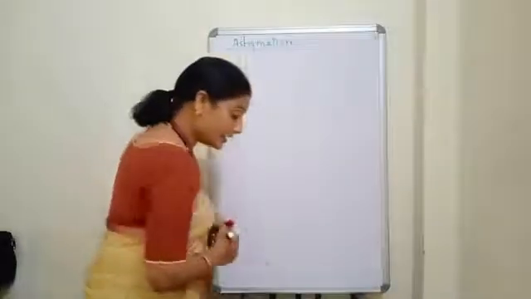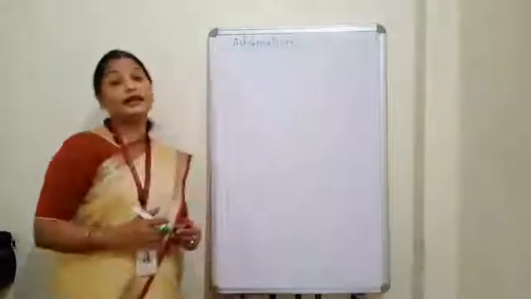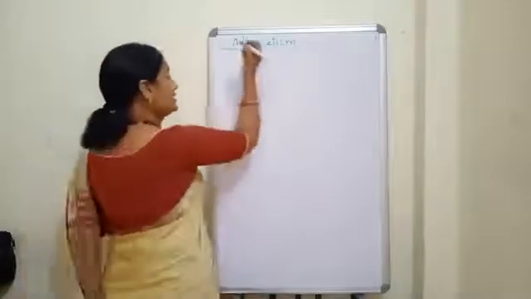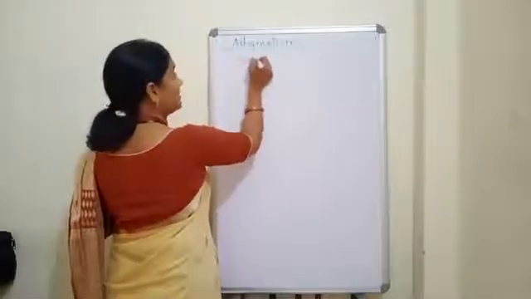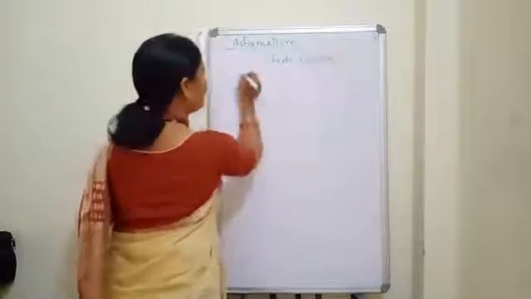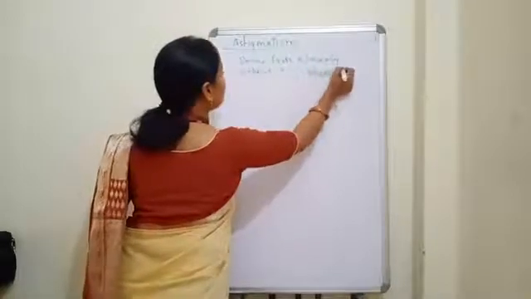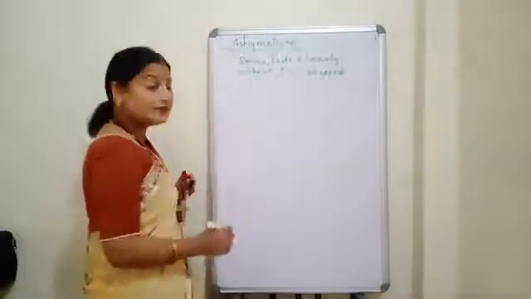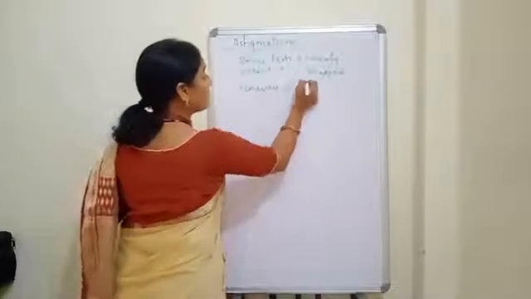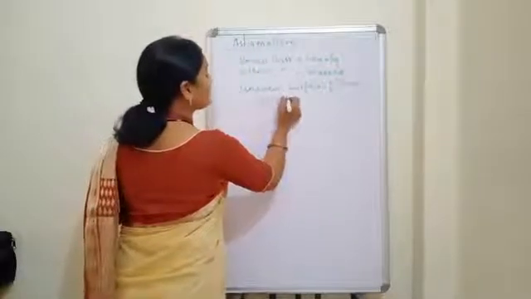Astigmatism. Now children, in astigmatism, some part of the object is seen clearly and other parts are seen blurred. Okay, we can see some parts clearly, but other parts as a blurred image. How does it happen? It happens because of the uneven surface of the lens.